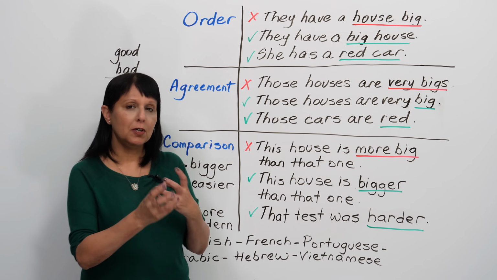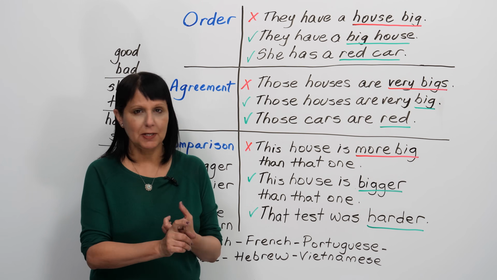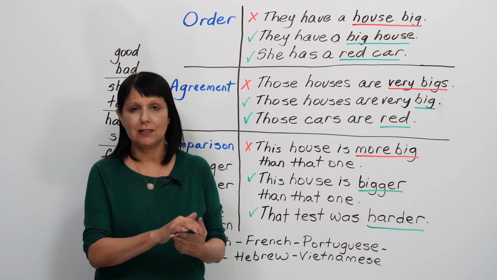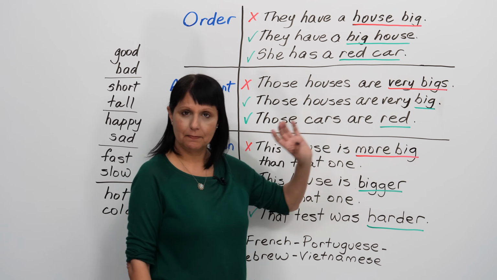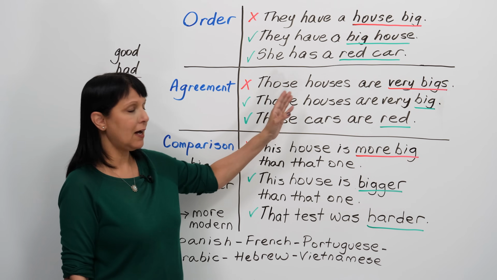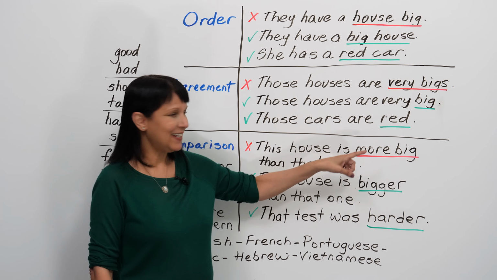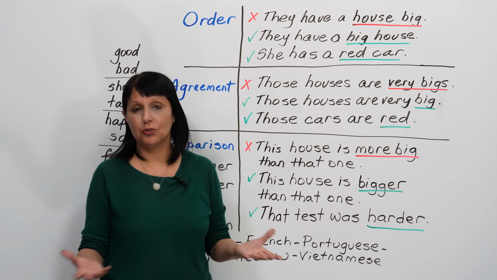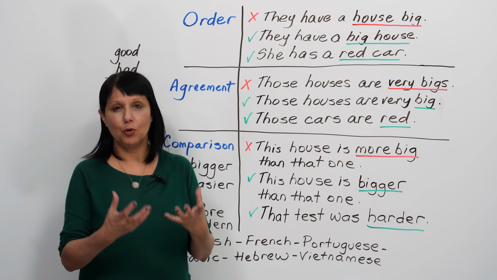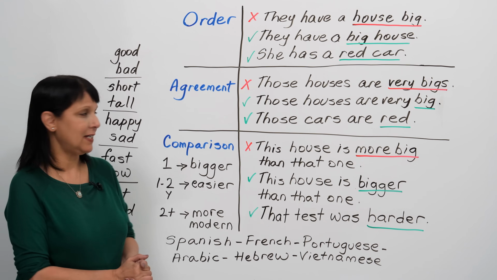So you don't have to match it in that way, not because it's singular or plural, not because it's male or female, or masculine or feminine. It doesn't matter. The adjective stays the same. Okay, so we say those houses are very big, those cars are red, right? We don't need to change that word just because what we were referring to was something plural. Okay, so that's another point to keep in mind.